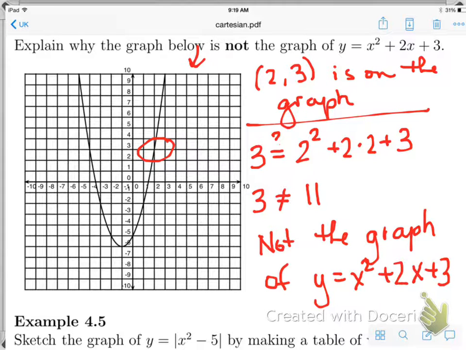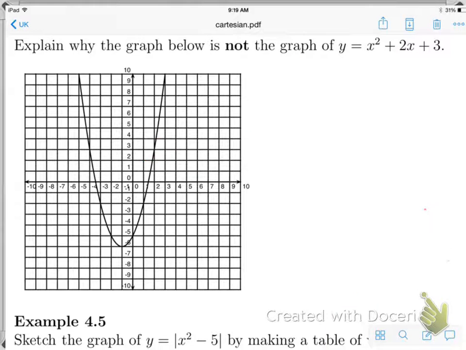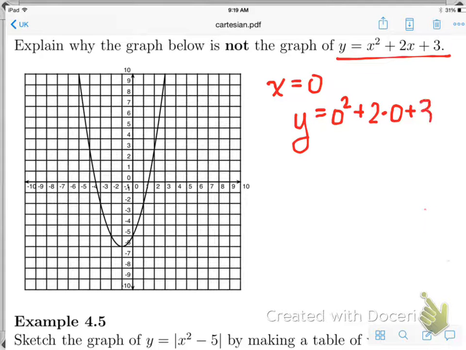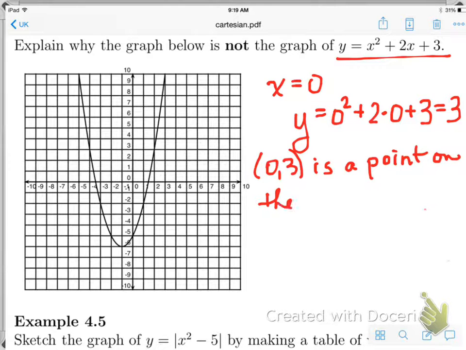Okay, so what is another reason? Well, let's look for a point that should be on the graph. Let's say if x is 0 in this equation, then y should equal 0 squared plus 2 times 0 plus 3, which is 3. So (0, 3) is a point on the graph of y equals x squared plus 2x plus 3.